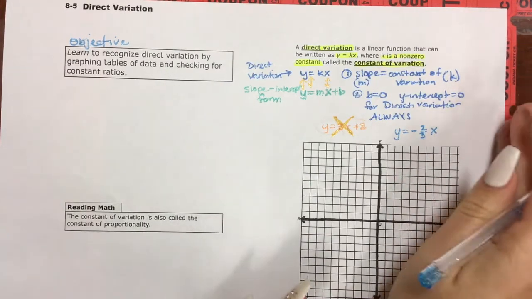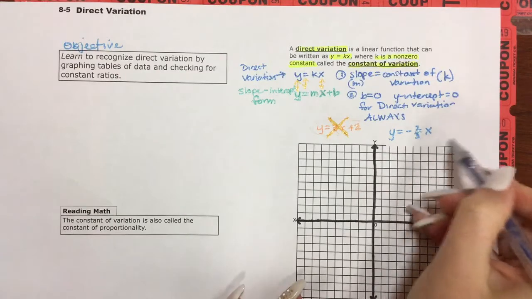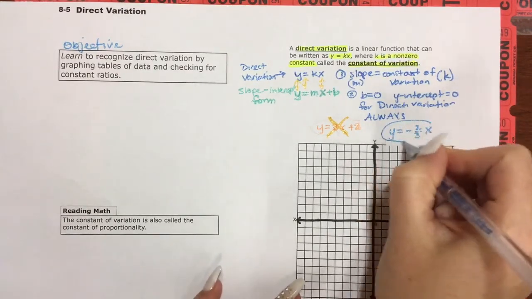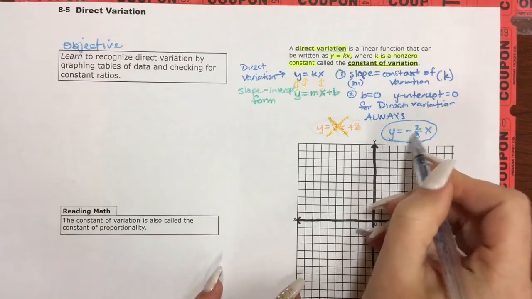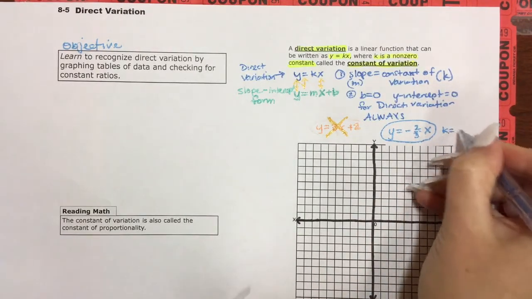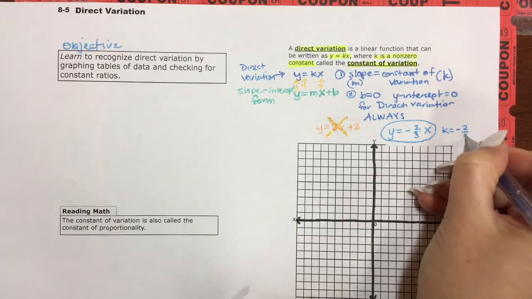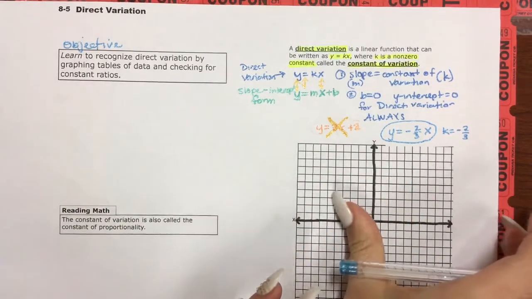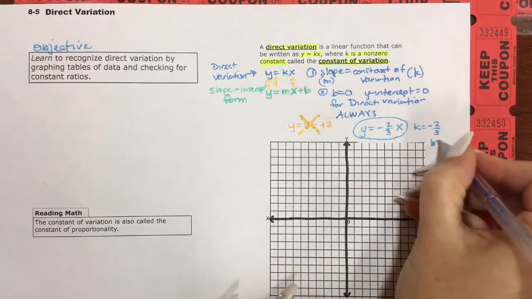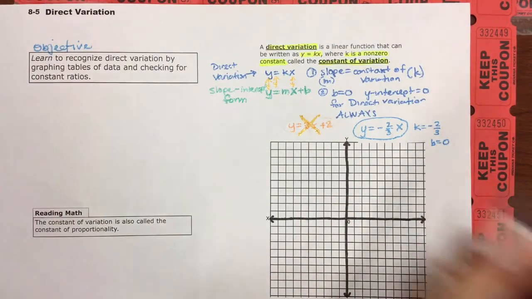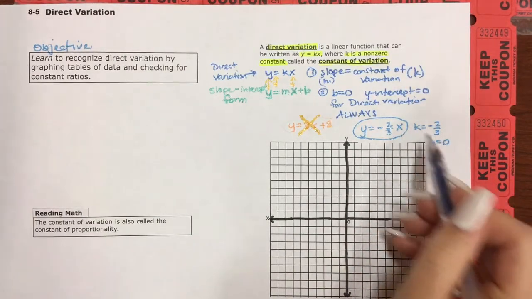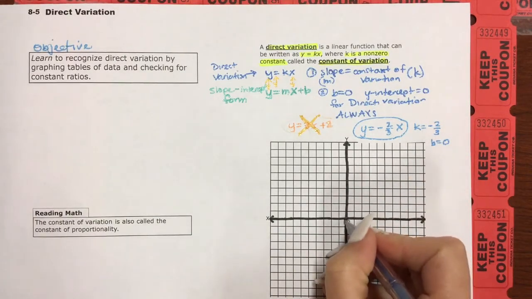However, if you have something like y equals negative 2/3 x, here the y-intercept is 0, and this actually is a direct variation. This is of the form y equals kx, where our slope, or our k, is equal to negative 2/3. Our y-intercept is 0. So let's graph this. There's nothing here, so my y-intercept is 0 right here.